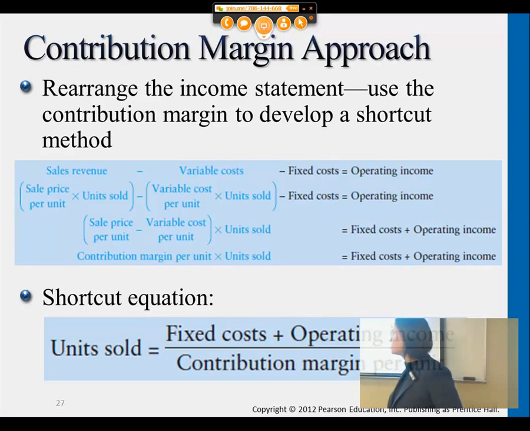When you say contribution margin, it's your contribution margin per unit multiplied by units. So your contribution margin itself is the fixed cost and operating income. We'll call it that way.